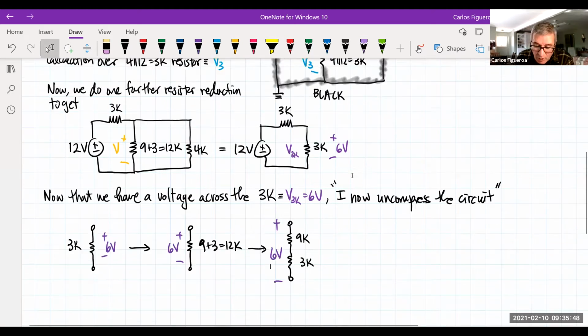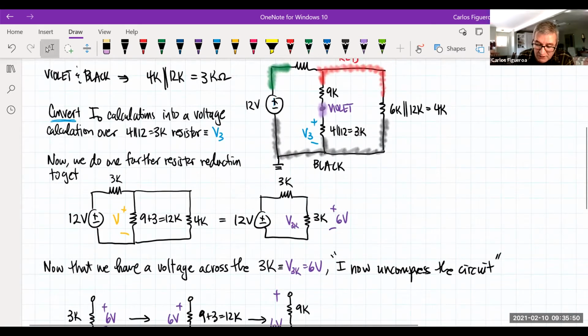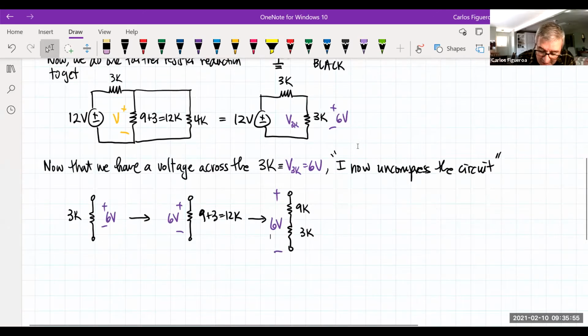But remember, we want the voltage across the 3K. That was our goal. So if I come back, you can see that we're really looking for this voltage right here.